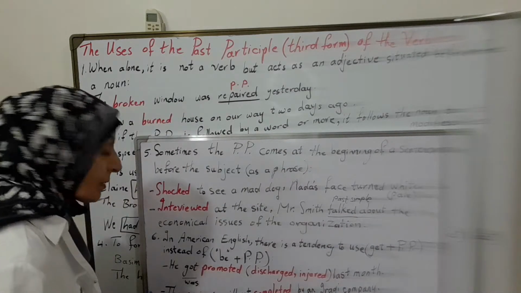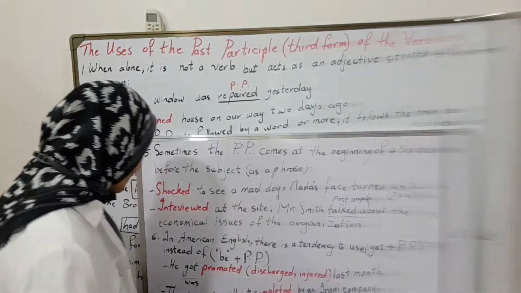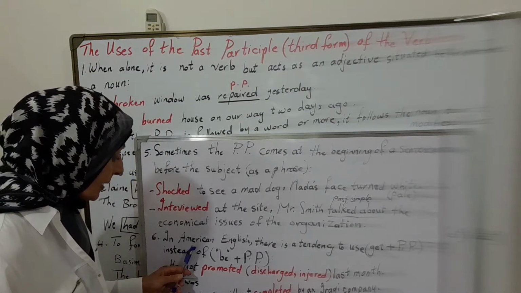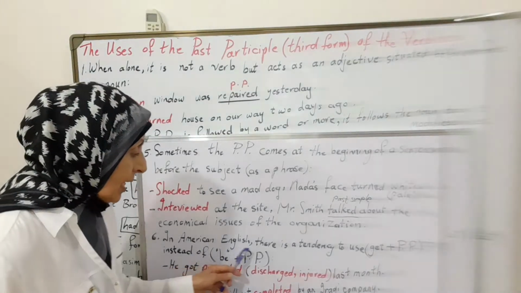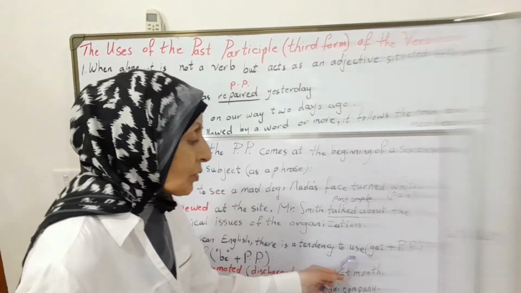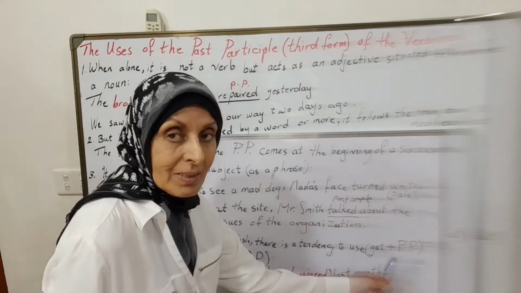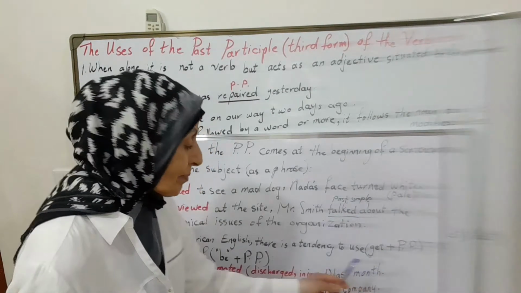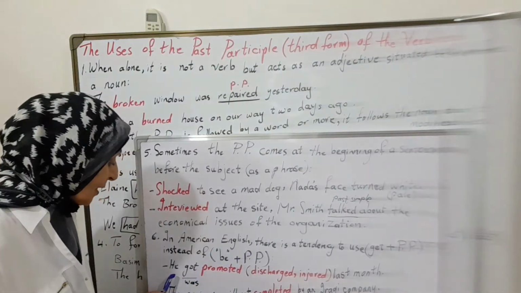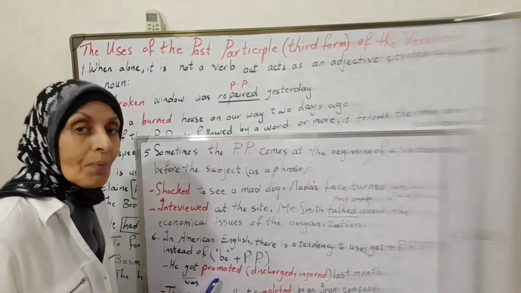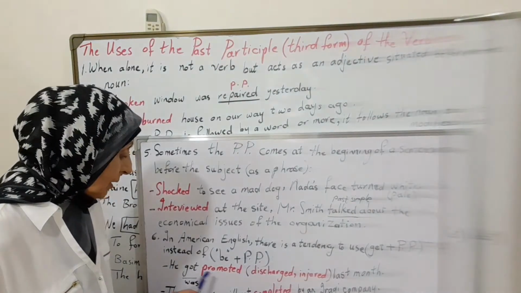Then, number 6, the last point. In American English, in US English, there's a tendency to use get plus a past participle, the verb get plus the past participle instead of be plus past participle. For example, he got promoted. تمت ترقيته. He got promoted.